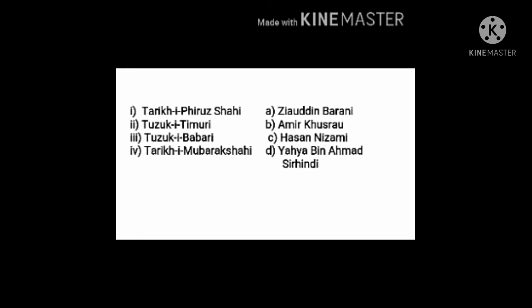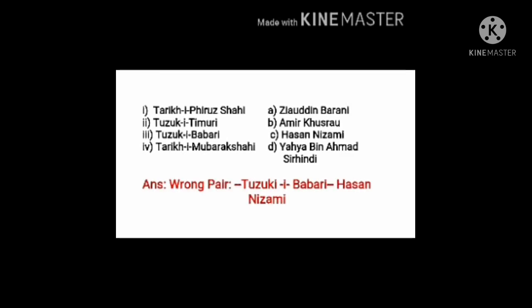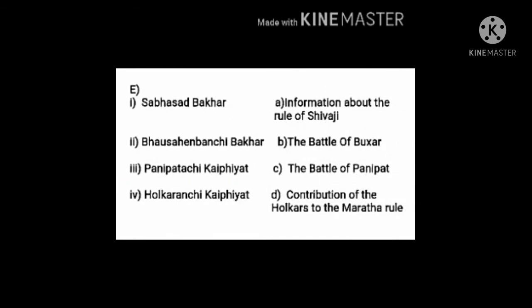Guess now among these four which one is the wrong pair? Yes, the third one is the wrong pair. Tuzuk-e-Baburi was written by Emperor Babur. So write down the wrong pair, Tuzuk-e-Baburi, Hasan Nizami.